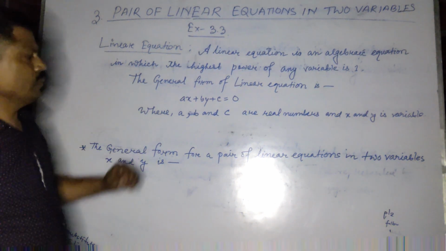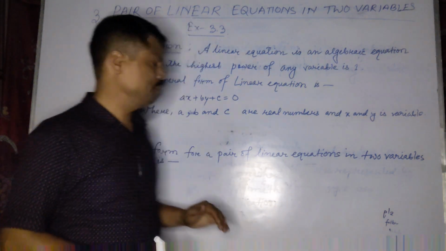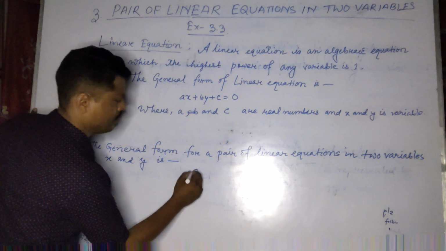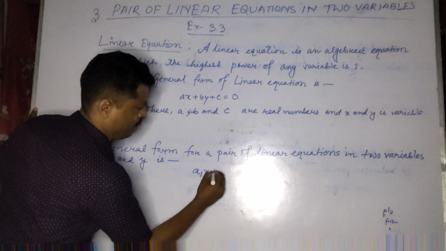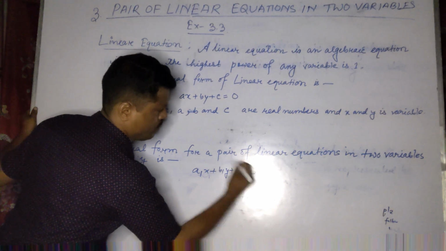The general form for a pair of linear equations in two variables x and y is a1x plus b1y plus c1 is equal to 0.